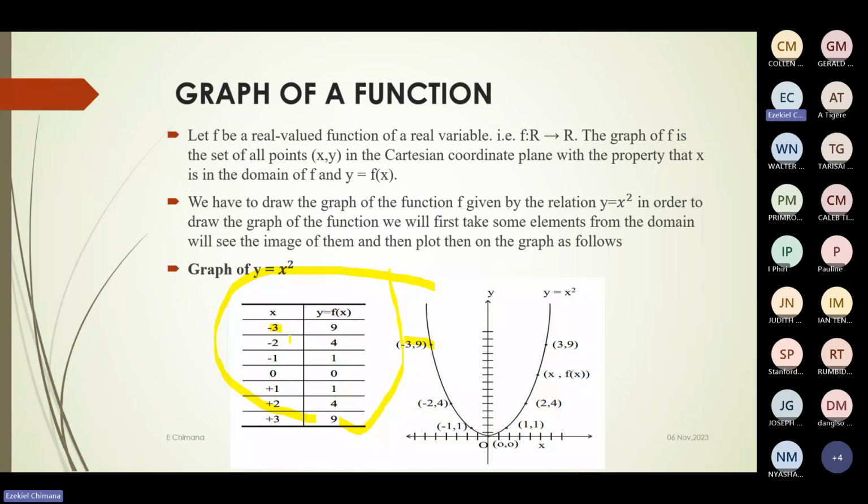Then you go for -2, you put -2 here, and then you plot, and then you put the line joining those values. And remember, this one was a quadratic equation, so it was going to give you this cup-shaped graph, a quadratic expression. I'm sure this one is not more challenging.